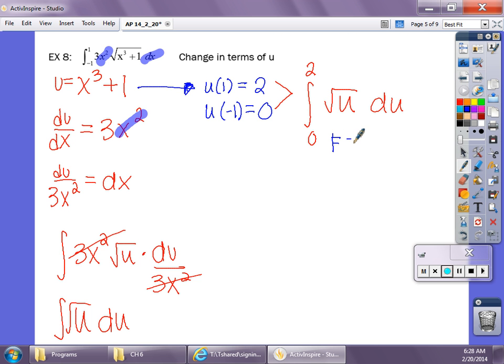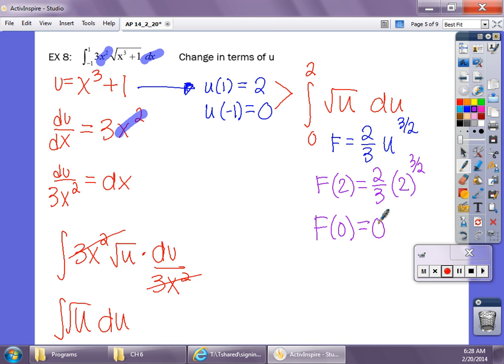So antiderivative, that's u to the 1/2, that'd be 2/3 u to the 3/2. And so f of 2 would be 2/3 2 to the 3/2. F of 0 would just be 0. So the answer to this question would be subtracting those values, so 2/3.